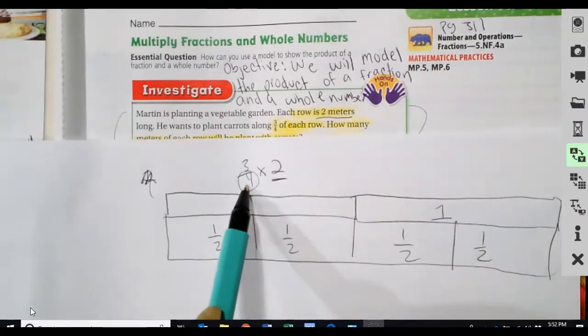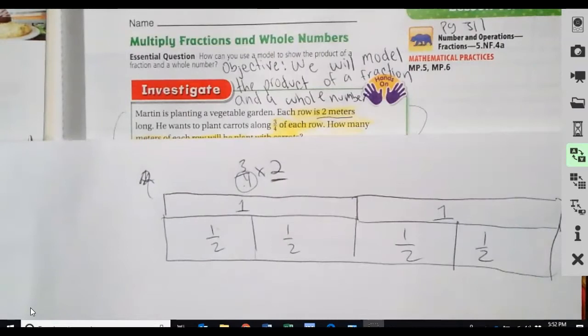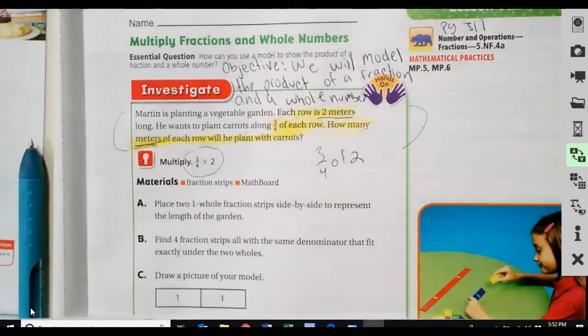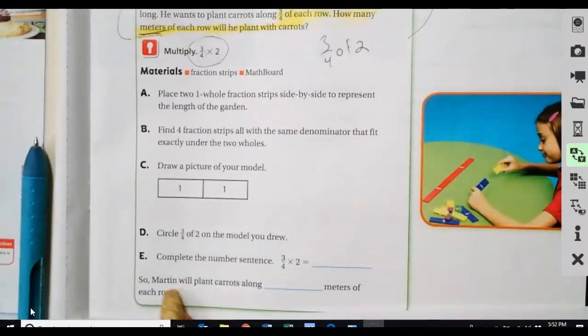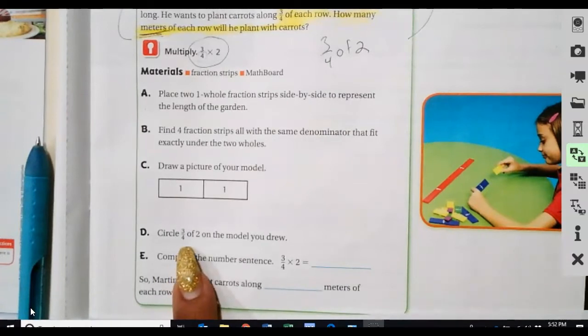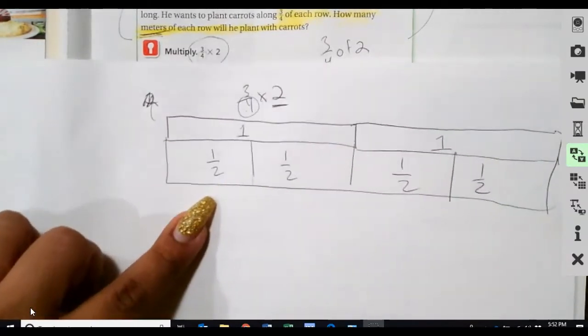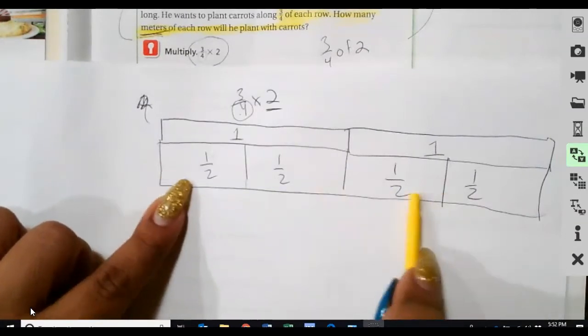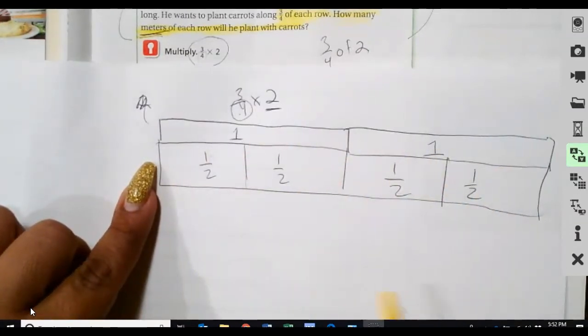And now I'm going to select, so C, if you see your part C, I'm going to circle 3/4 of, oops, you can't see that. Okay, circle 3/4 of 2 on the model you drew. So in this case, I'm going to circle 3 out of the 4, right?